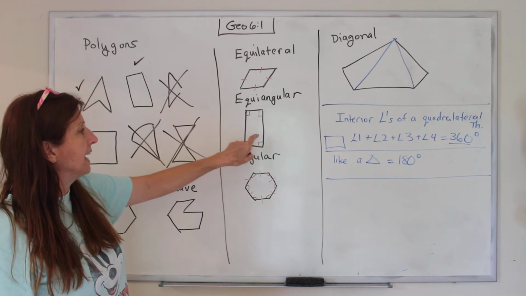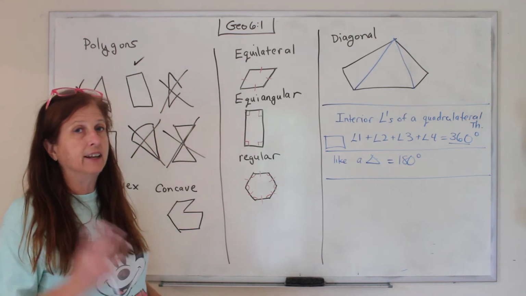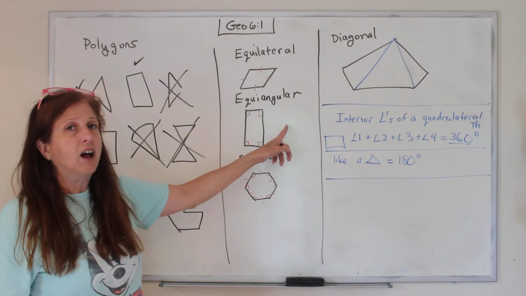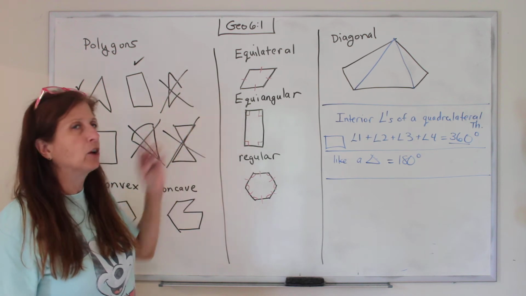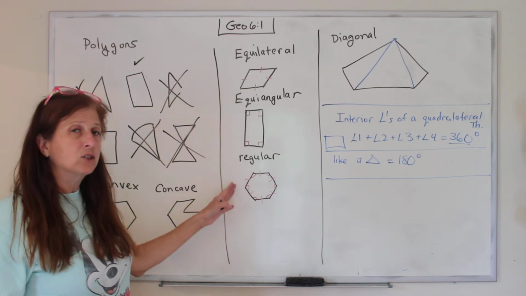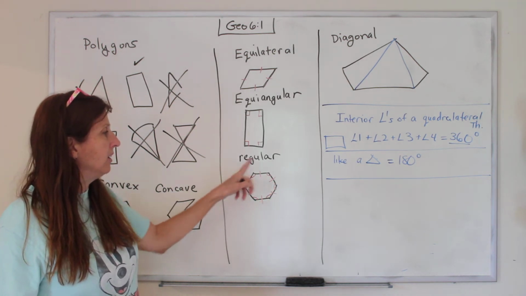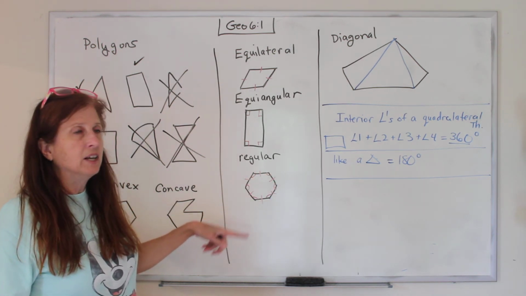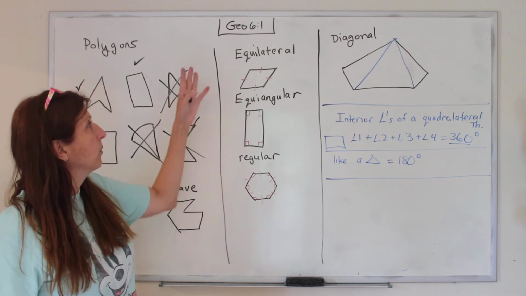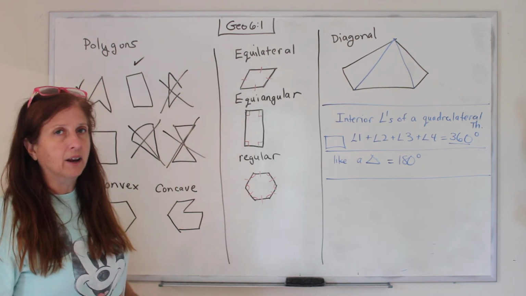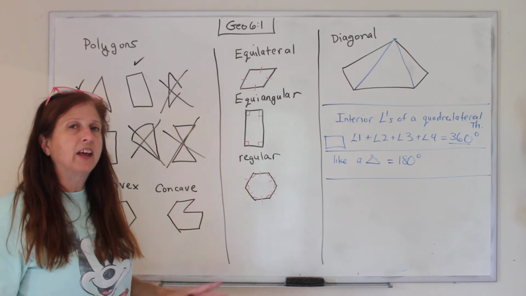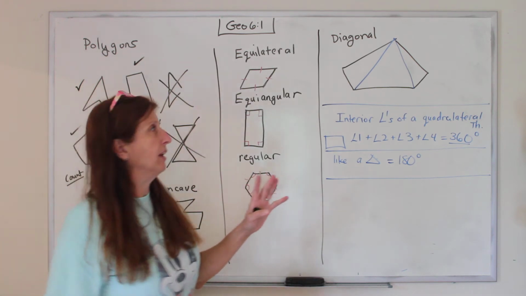All 4 of these angles are the same, they're 90 degrees. The sides are not. So it's just equiangular. But this one is regular because all the angles are the same and all the sides are the same. So a square would be a regular polygon. All the angles would be all the same and all the sides would be the same.